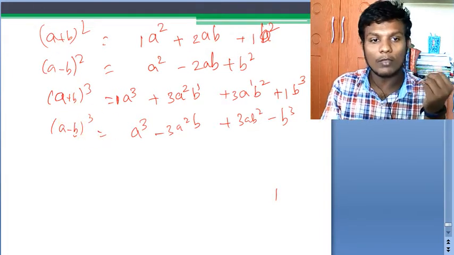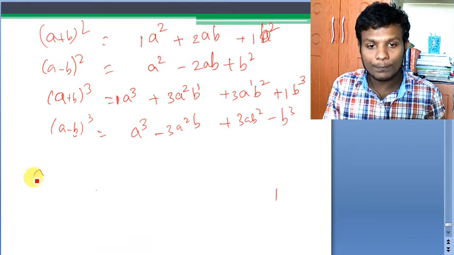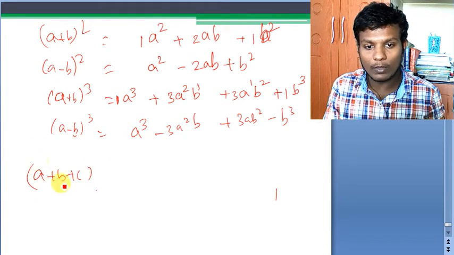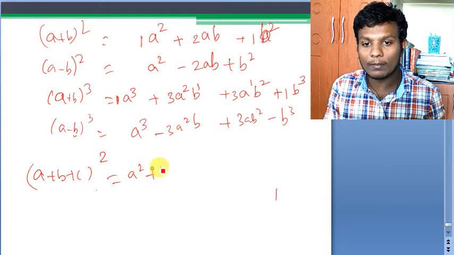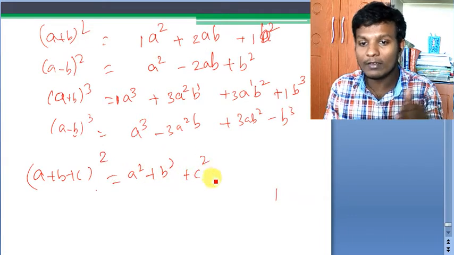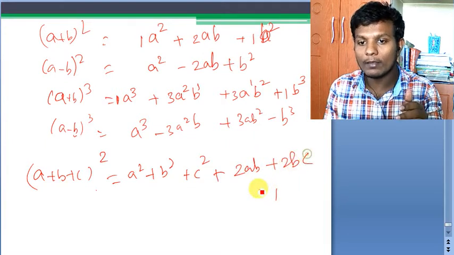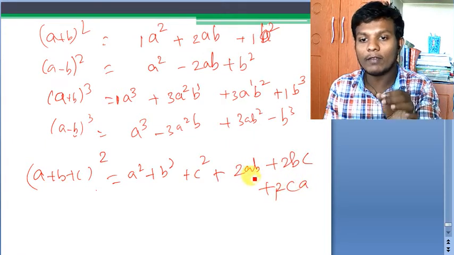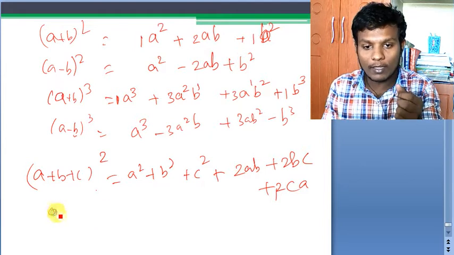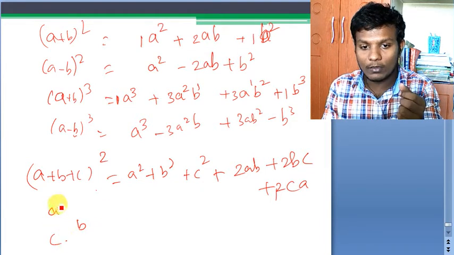Now we have a few more identities, like a plus b plus c whole square. This is nothing but a square plus b square plus c square, square everything, plus 2ab plus 2bc plus 2ca. Everything will come 2 times. You take a, b, c in cyclic order and square them: a square, b square, c square.